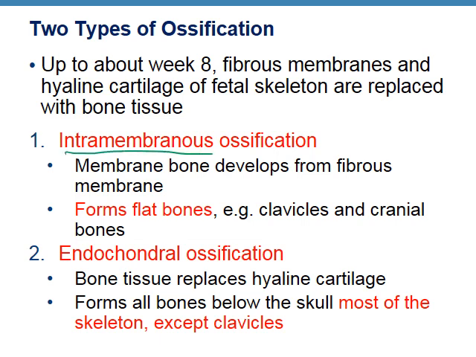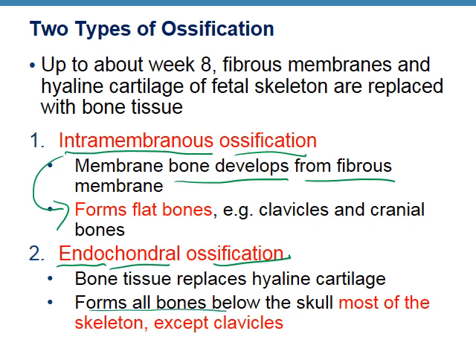There's intramembranous ossification, and this is the process if you're going to create flat bones. So basically, we're going to have this membrane bone developed from fibrous membrane. And then we have endochondral ossification, and this forms all the bones below the skull, and you could mostly think of this as long bones.